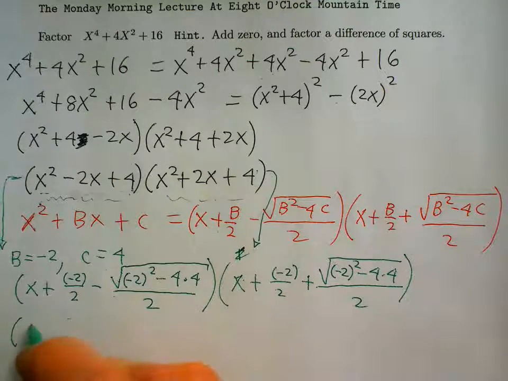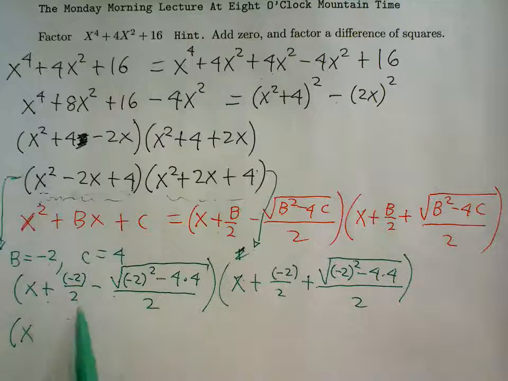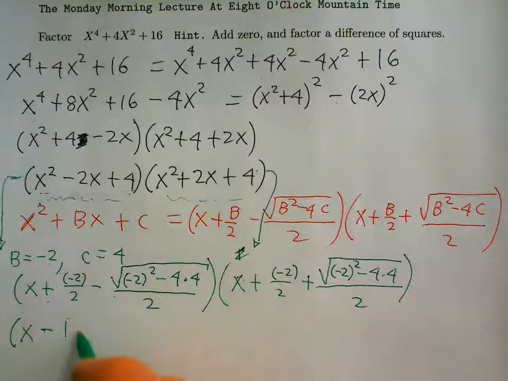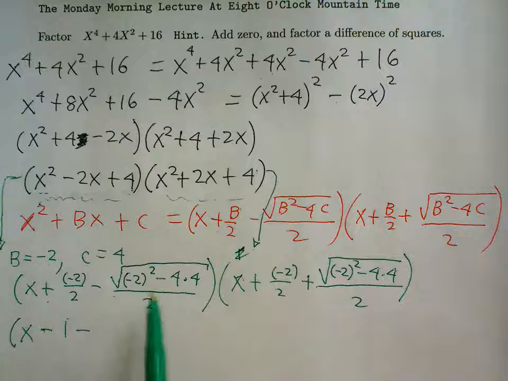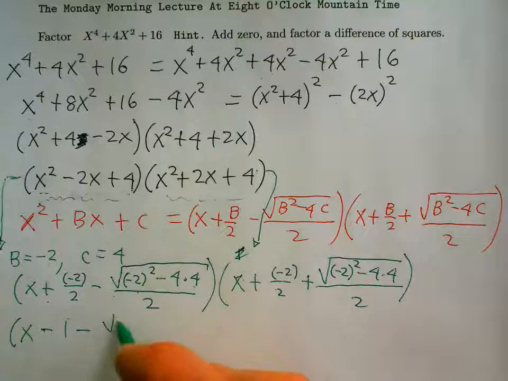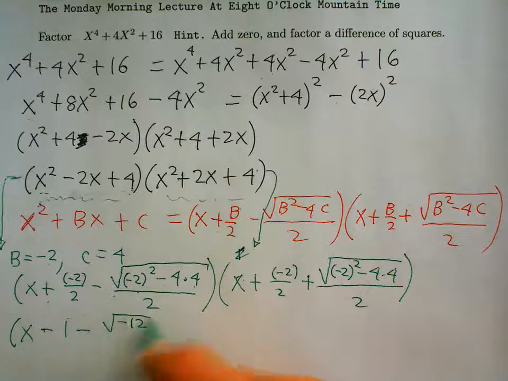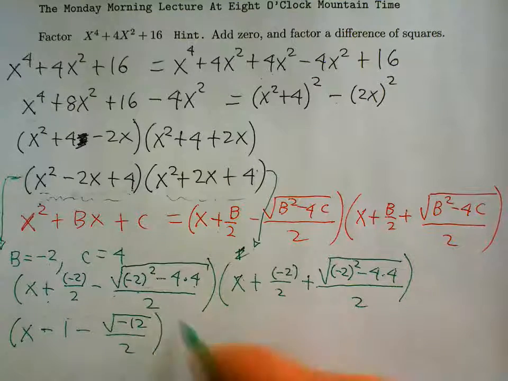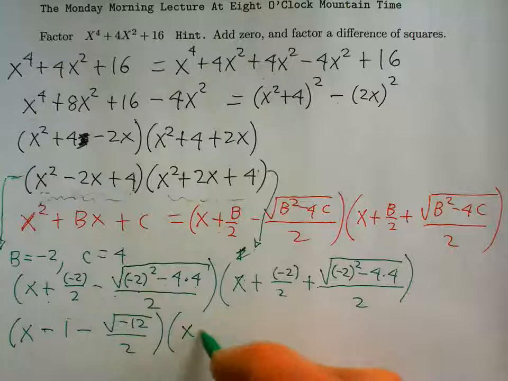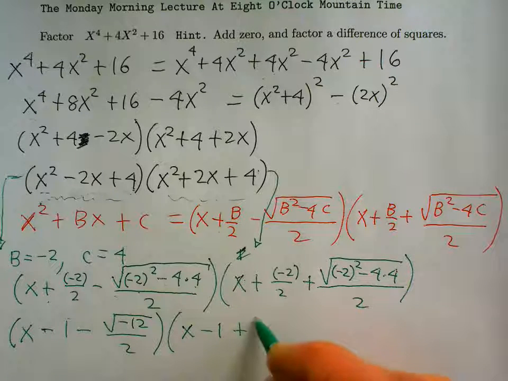And so we get x plus negative 1, so we'll write this as x minus 1. And then minus the square root of 4 minus 16, which is the square root of negative 12, over 2. And then the other one will be x minus 1 plus the square root of negative 12 over 2.